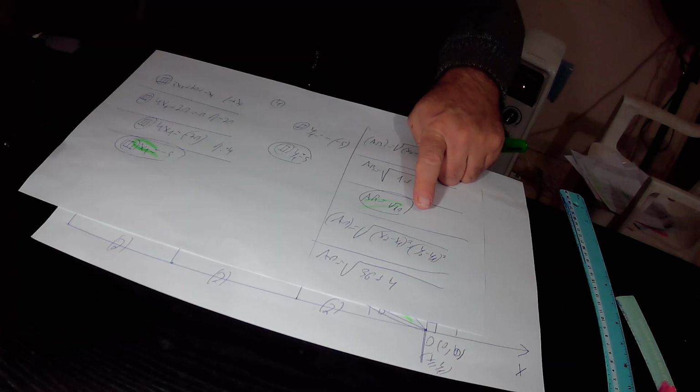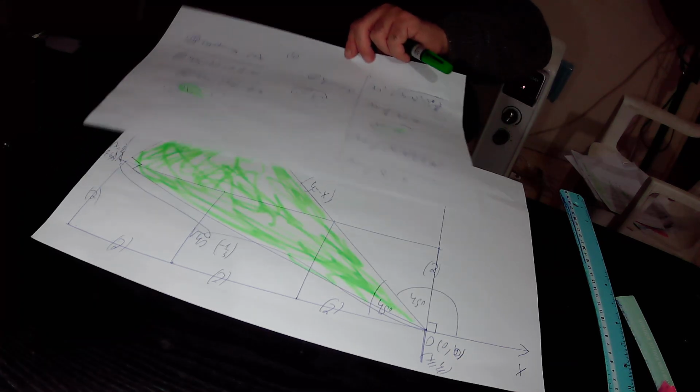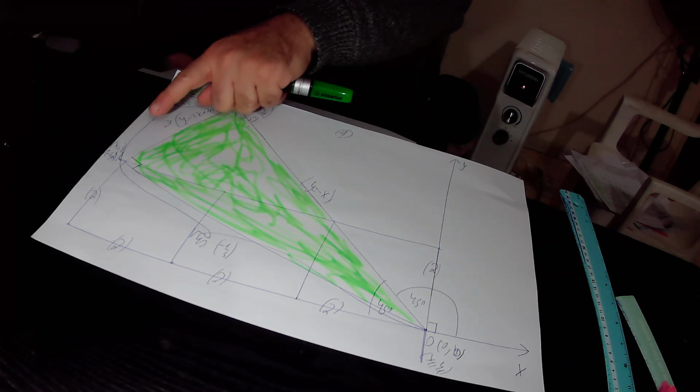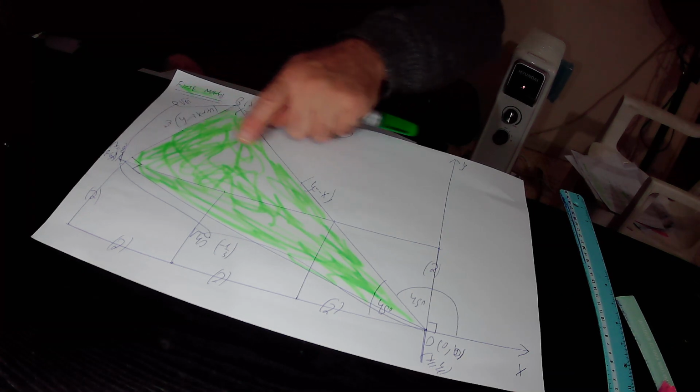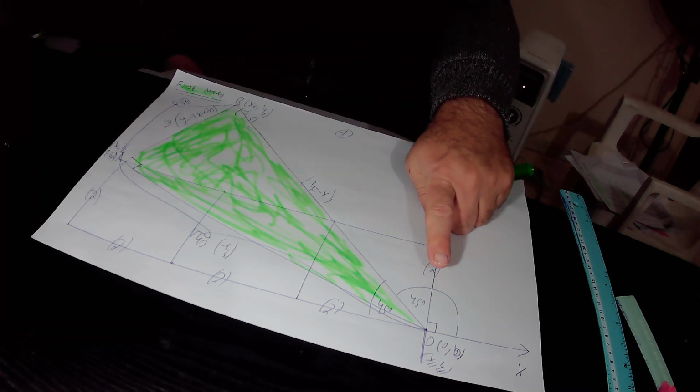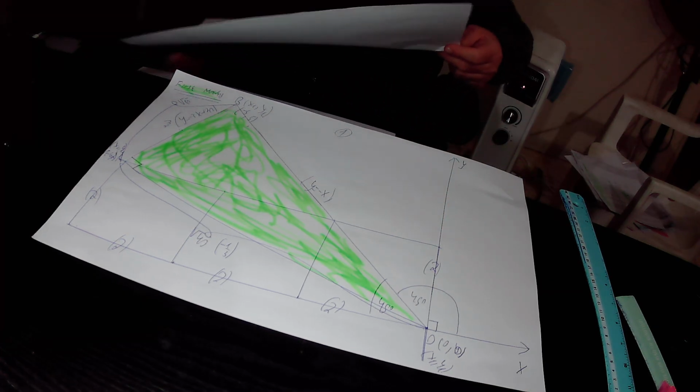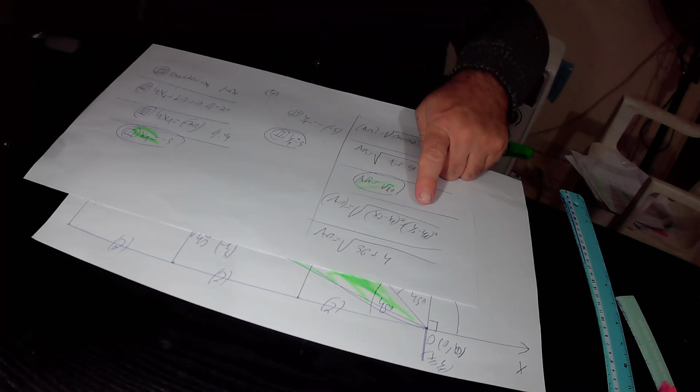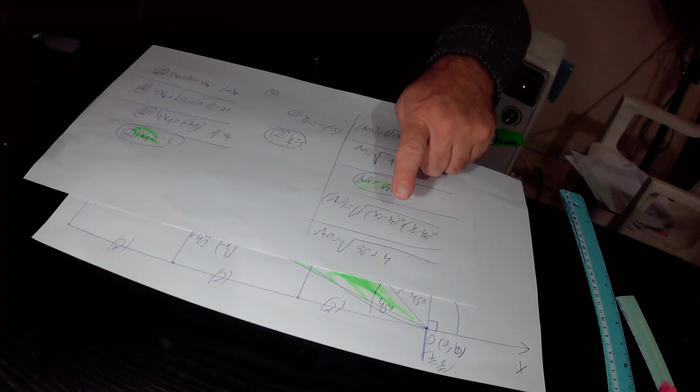We have also plus (y2 minus y1) square. y2 is 2, y1 is 0, 2 minus 0 is 2, and 2 squared is 4. So (y2 minus y1) squared equals 4.